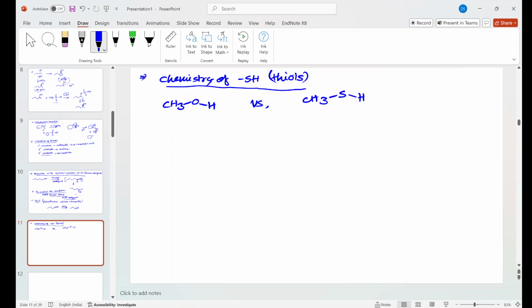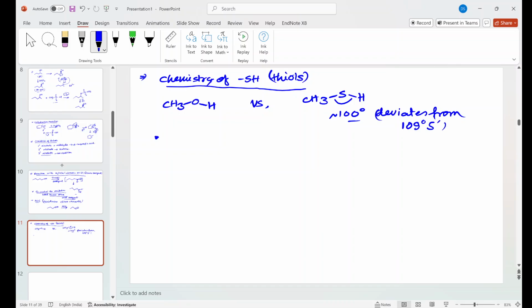Sulfur has inner d orbitals. It is much bigger in size, and this angle is typically around 100, which deviates from the ideal 109.5 degrees, right?